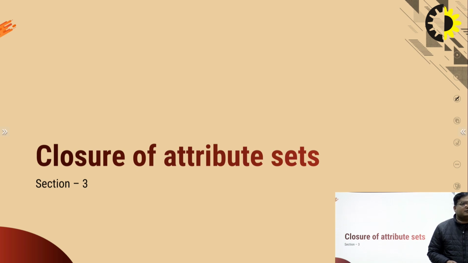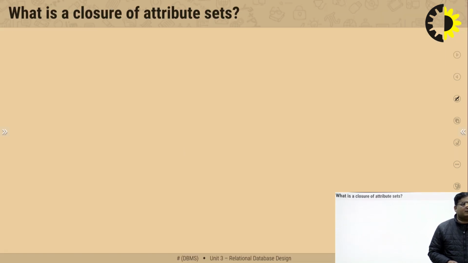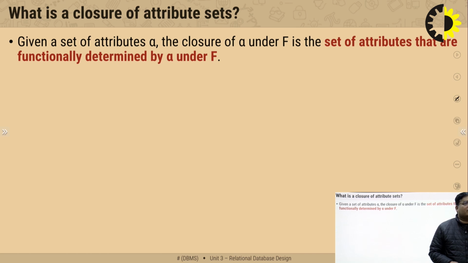Now next is closure of attribute set. Let us see. Closure of set of attribute means that given a set of attribute alpha, the closure of that particular attribute alpha under F is the set of attributes that is determined by alpha. That is, if we compute the closure of a particular attribute, it means all the other attributes that are dependent on it. So why do we compute the closure of set of attribute?